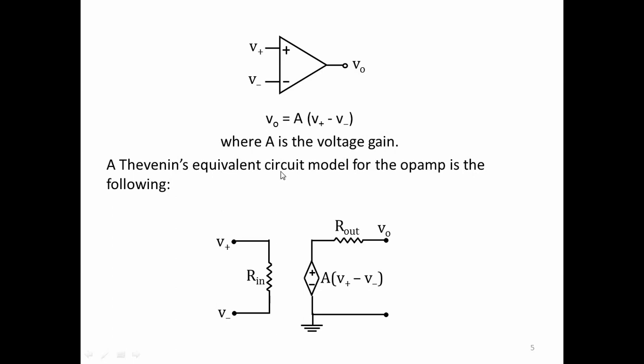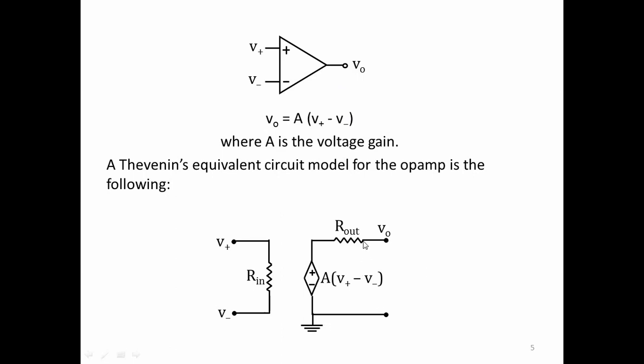Okay, a very simple Thevenin's equivalent model for the op-amp is this. So between V plus and V minus, if we look in, there is a resistance. There is no Thevenin's voltage source looking into the op-amp. It is only a resistance. If we look into the output, and as I said, the output is measured with respect to ground, then we have output and ground.